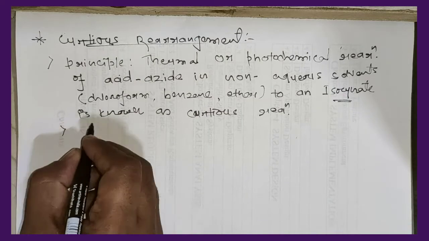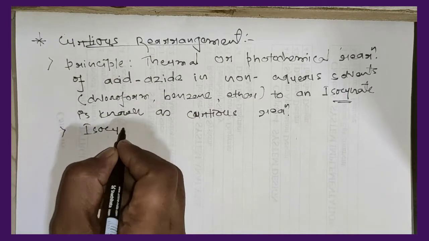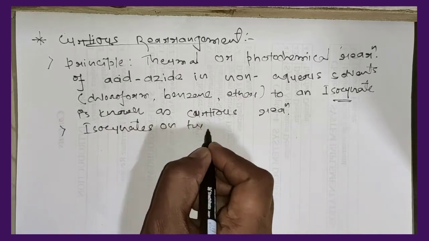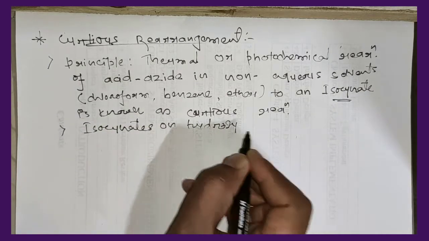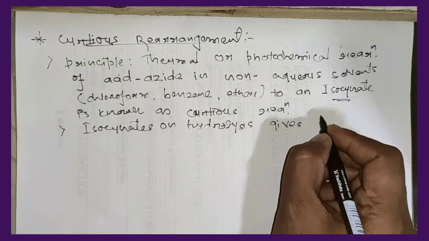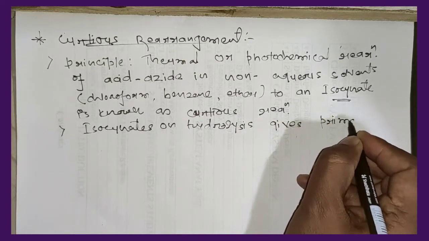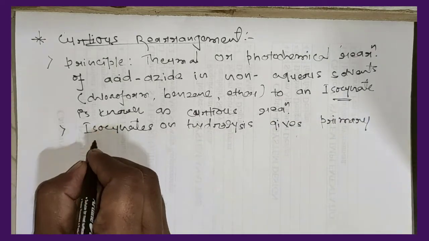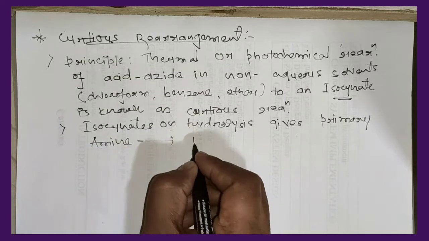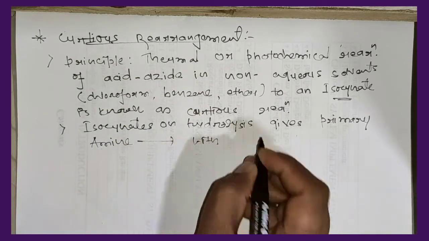Now this isocyanate on hydrolysis gives primary amine. So here also your final product is primary amine. But the important thing is that it is with loss of one carbon atom.